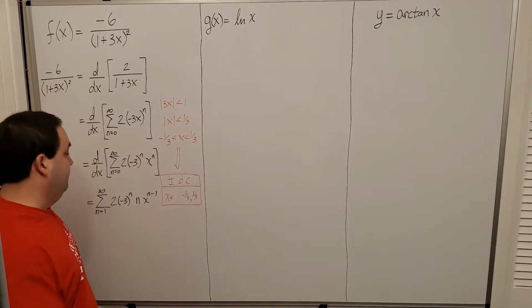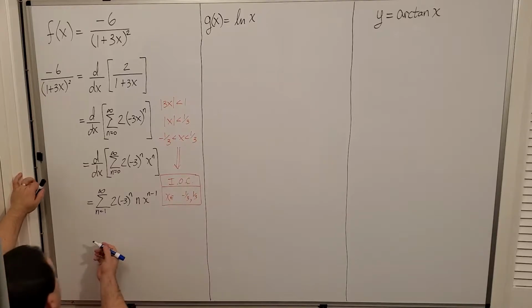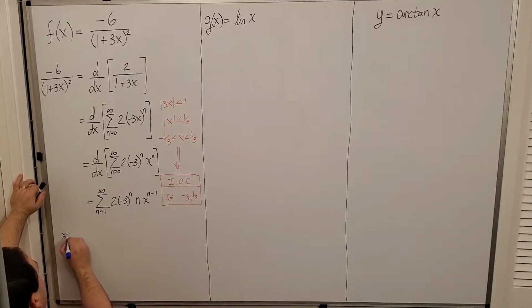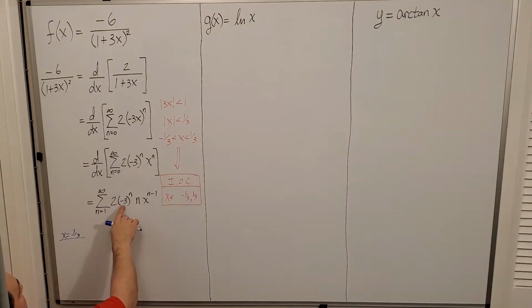So let's fill in. If x equals negative 1/3, then I will have the negative 1/3 to the n minus 1 power, and then I still have the negative 3 to the n.